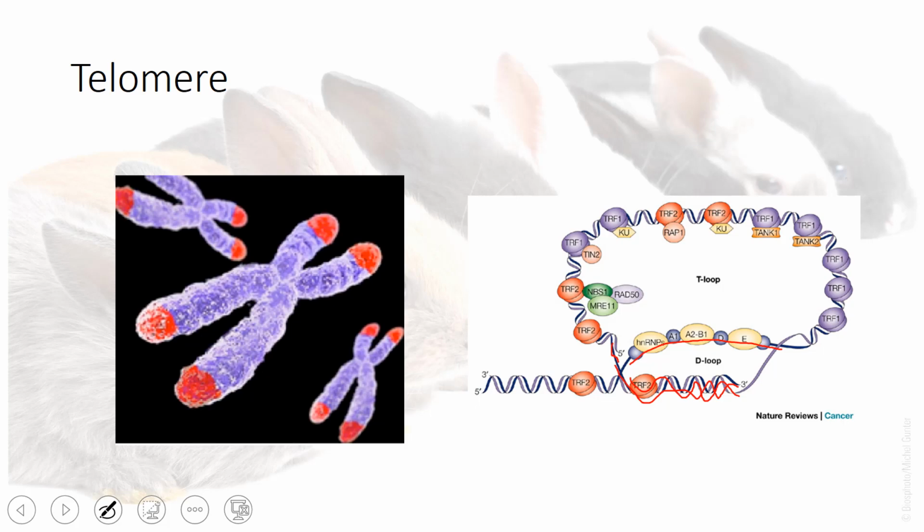And so what happens is you get this loop that forms, so that this section here that would have been bound to this portion of DNA is outcompeted by this free 3' end, and that forms this little bubble here called the D loop, and then this whole extra portion of the strand loops around, forming what's called the T loop, so that that free 3' end can actually go in and bind to that other strand.